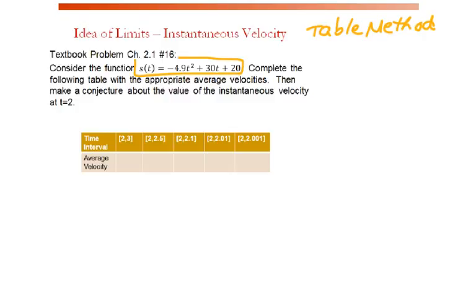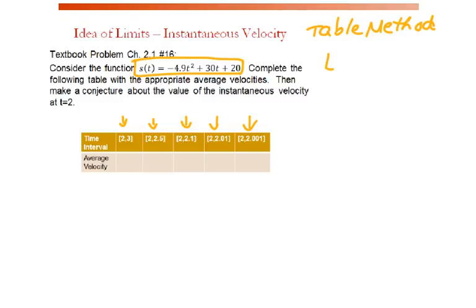I'm going to build a table and change the interval. I'm going to look at an interval where time is 2 to 3, then cut the time in half and look at 2 to 2.5, and you can see what's happening. It's going to go from 2 to 2.1, 2 to 2.01, 2 to 2.001.